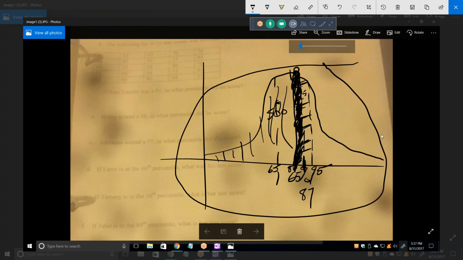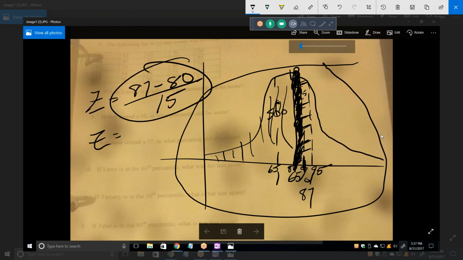The Z-score is going to be our score, 87, minus the mean, 80, divided by the standard deviation, 15. So the Z-score, let's round that off and call it 0.5.